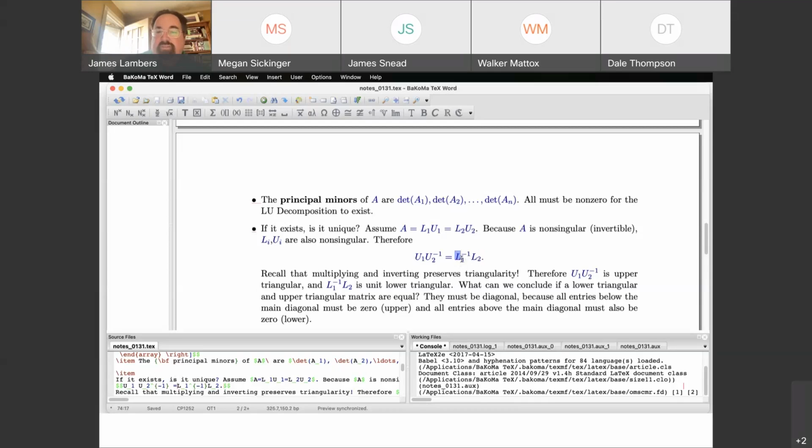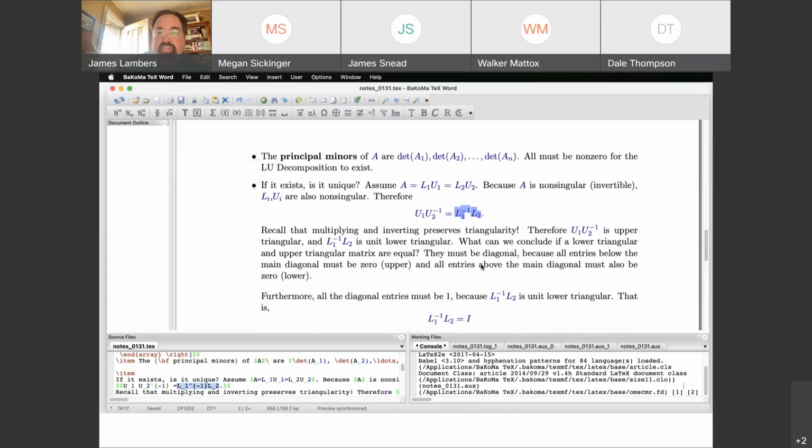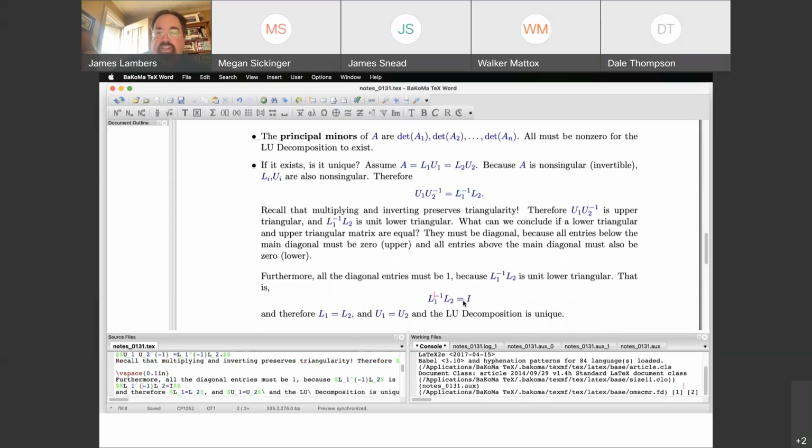In other words, this matrix is the identity. But that would mean that L1 equals L2. So then you can go back up here and conclude that U1 equals U2. So when the LU decomposition does exist, it must be unique.